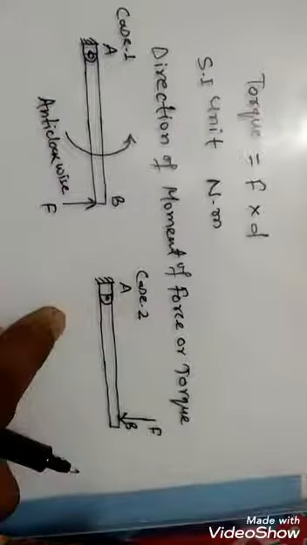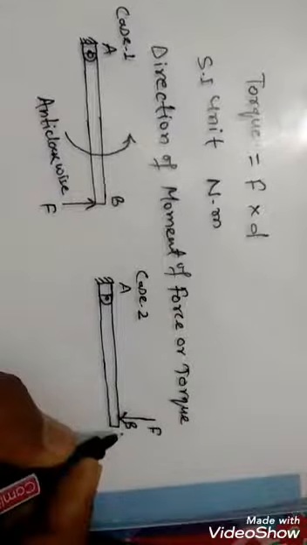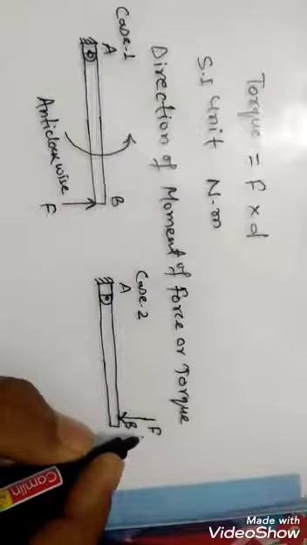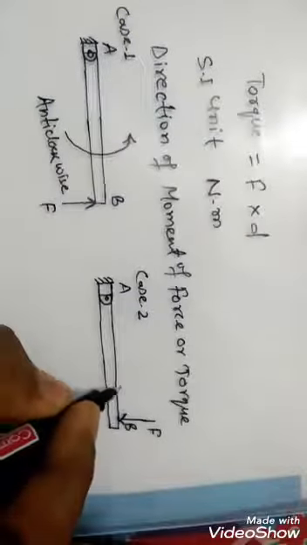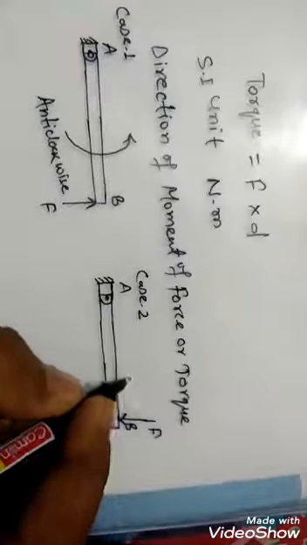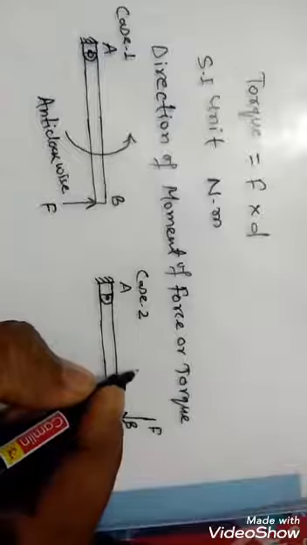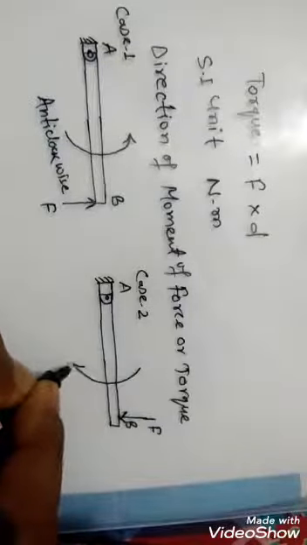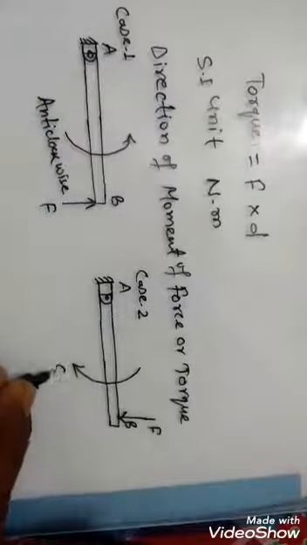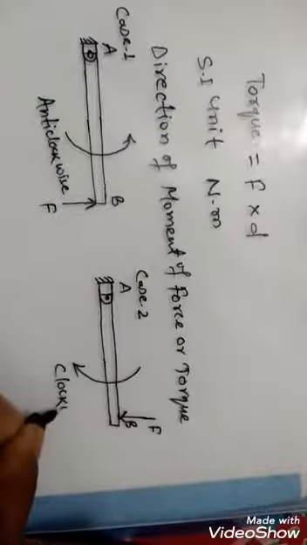And in case 2, the applied force F is acting at point B in the downward direction, which tries to rotate the bar AB in the clockwise direction.